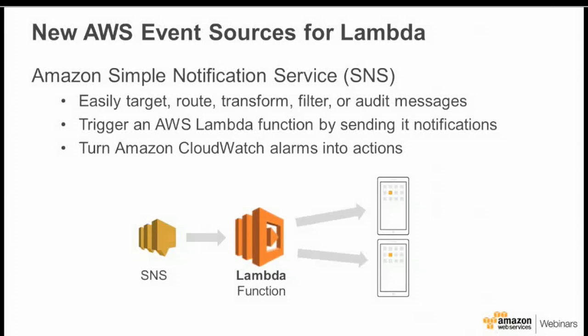So for instance, if you were using Amazon CloudWatch to send yourself alarms, for example, when your EC2 instances needed to be scaled, or some other metric was changing there, now you can use a Lambda function to programmatically take action whenever that happens. Very simple, and the fact that there's no infrastructure involved makes it really fast and easy to do that. You can also use Lambda to customize SNS messages as they flow through the system, and we'll talk about that in a second here.